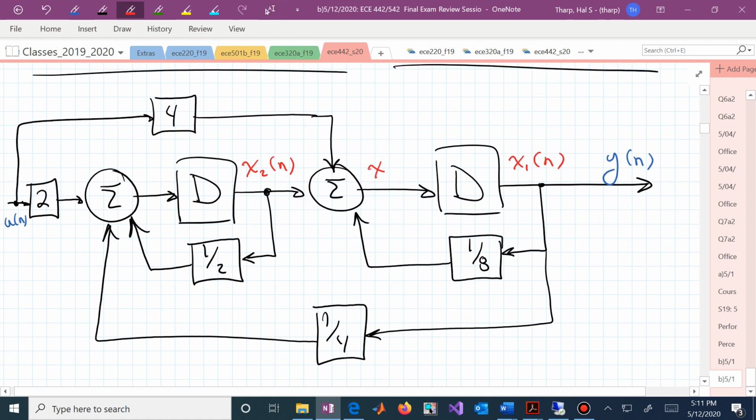I can now say, what precedes that delay? If the output of that delay is x1 at time n, and that's a delayed version of what came in that delay block, then what came in on the input side must have been one time period before. Likewise here is x sub 2 of n plus 1.